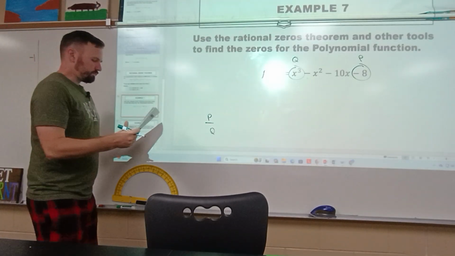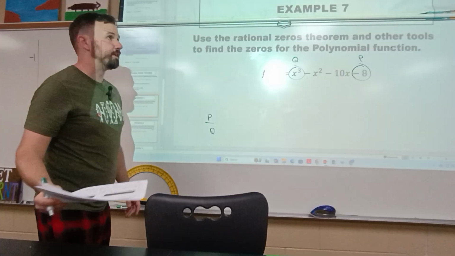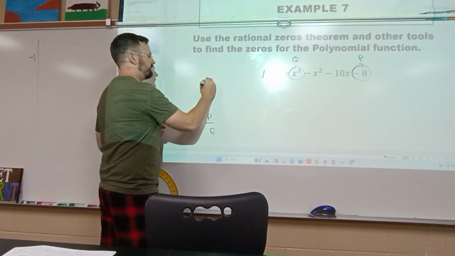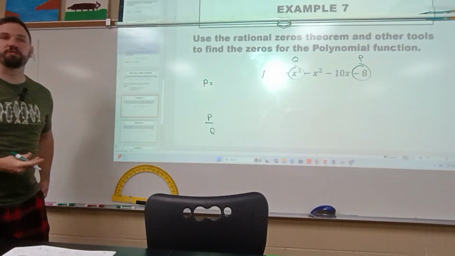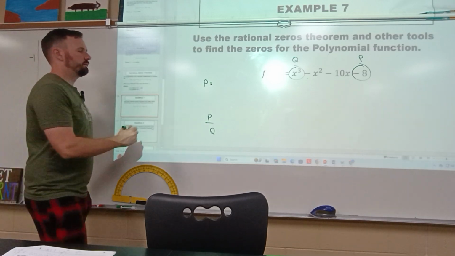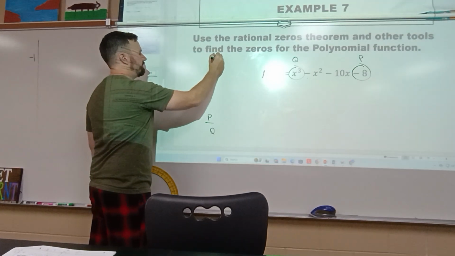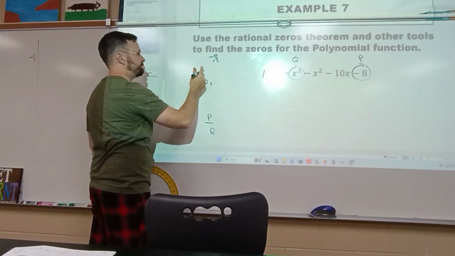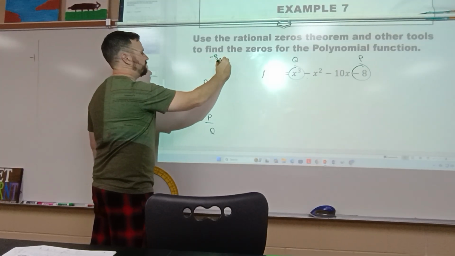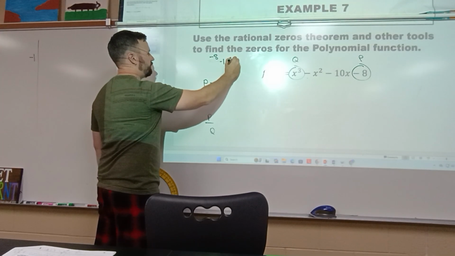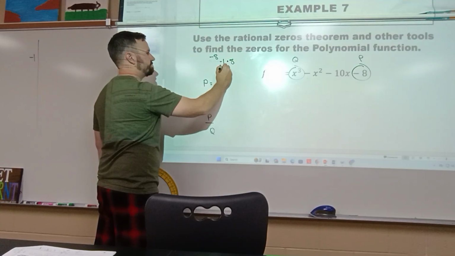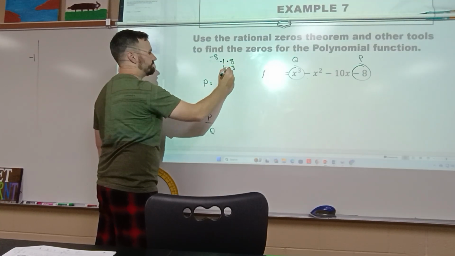So what does it mean to be a factor of it? What are all my factors of -8? So think about -8. What times what equals -8? Could I do -1 times 8 and 1 times -8, right?